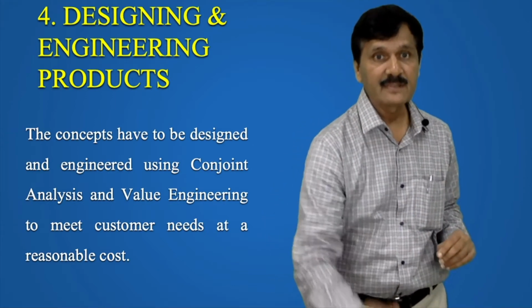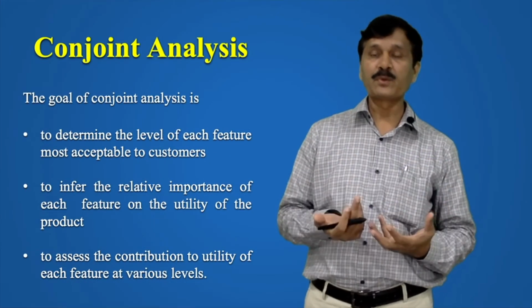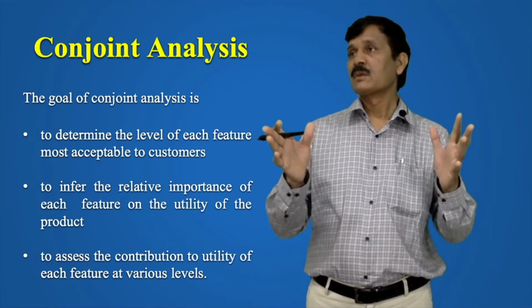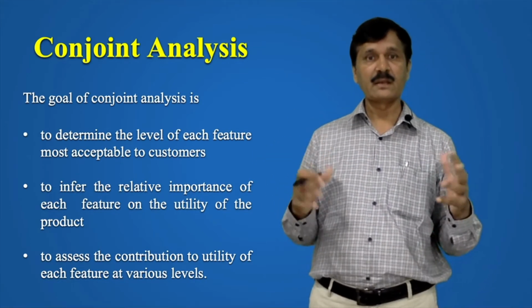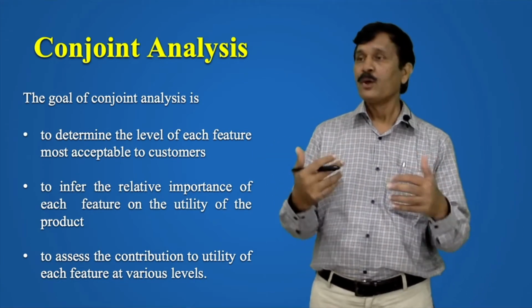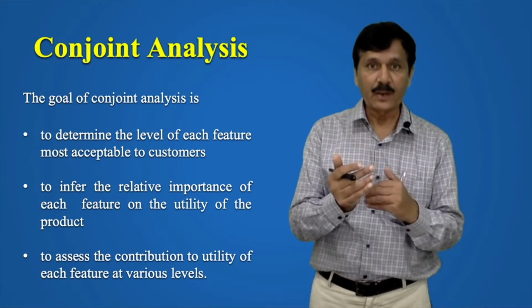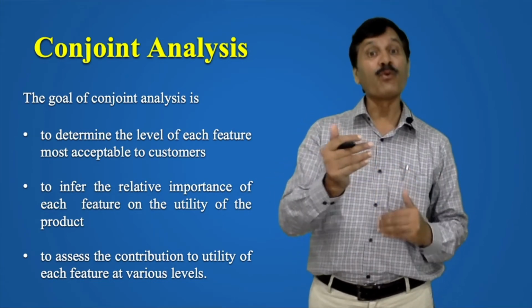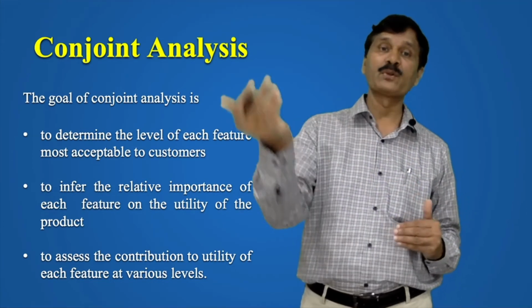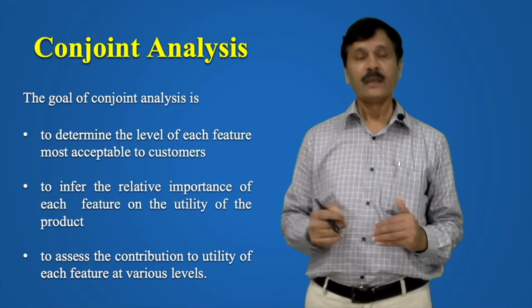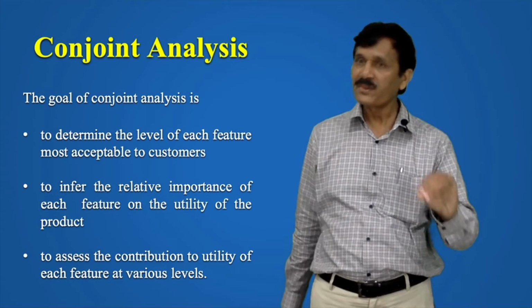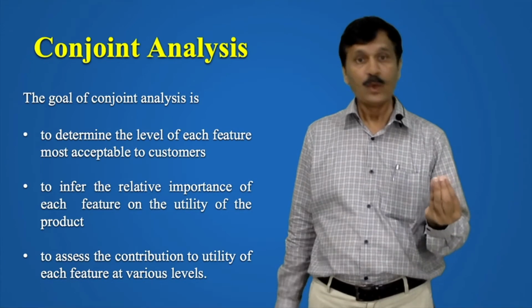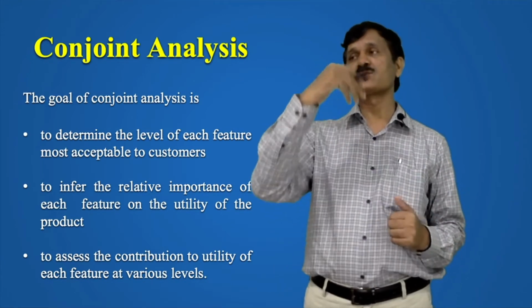As far as conjoint analysis is concerned, you are going to determine the level of each feature most acceptable to the customers, because a product is there, and different needs of the customers are there. So you have to find out which feature or aspect is to be given what weightage, and at what level you are going to incorporate that feature into the product. Similarly, you have to decide, out of the several features you are going to introduce in your product, the relative importance of each feature.